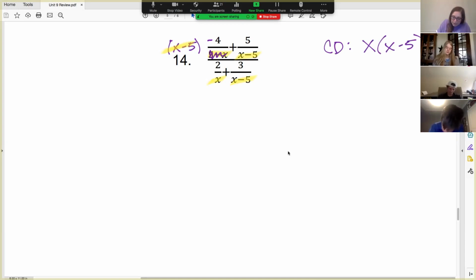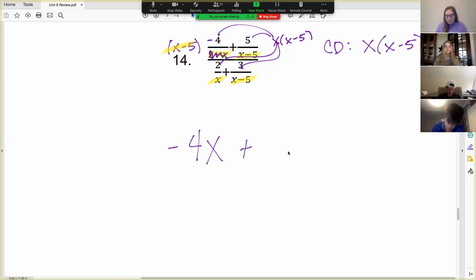And so I multiply that by every single fraction, all four, and then I write whatever is left over. So if I multiply the first fraction by x minus 5, the x minus 5's cancel, and I'm just left with negative 4x.